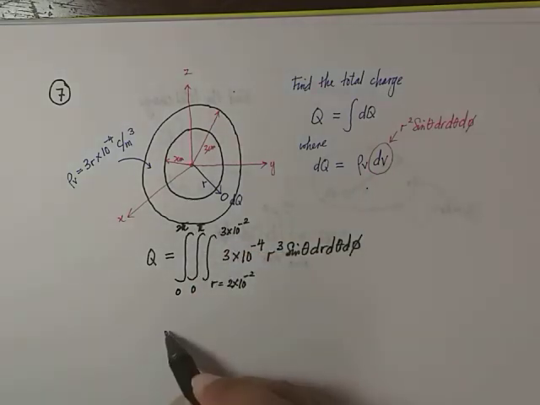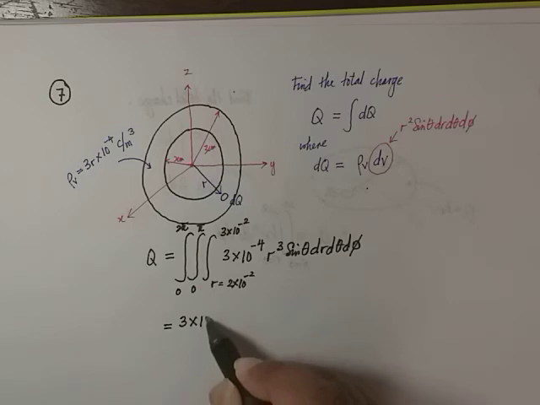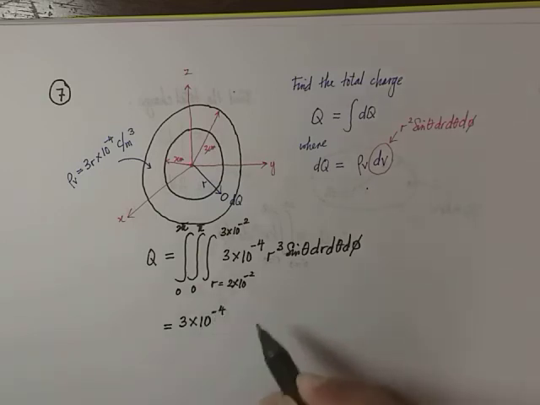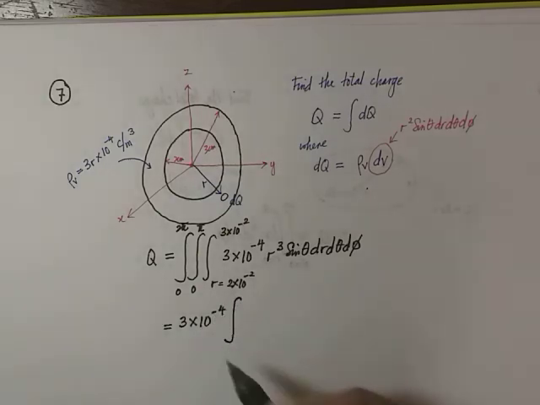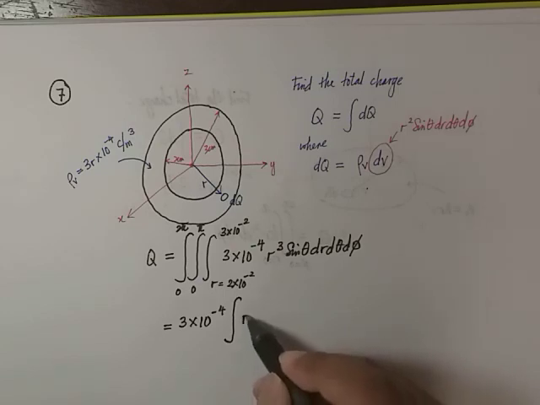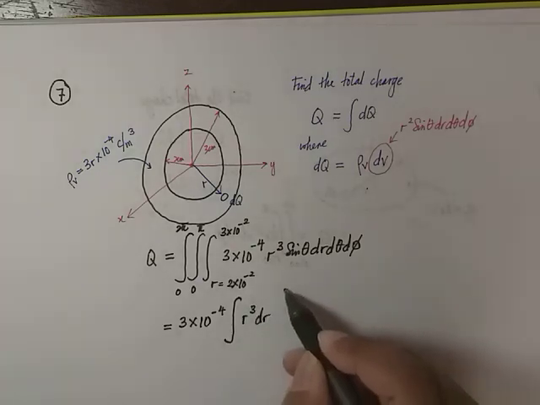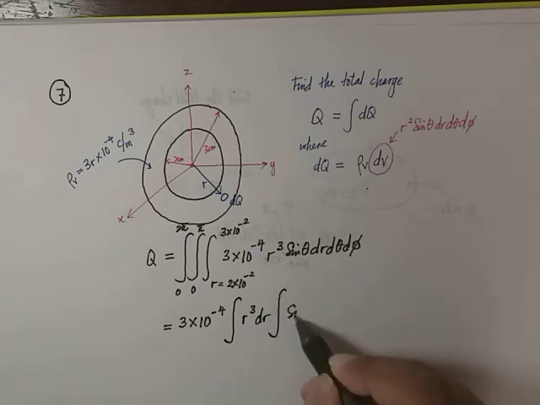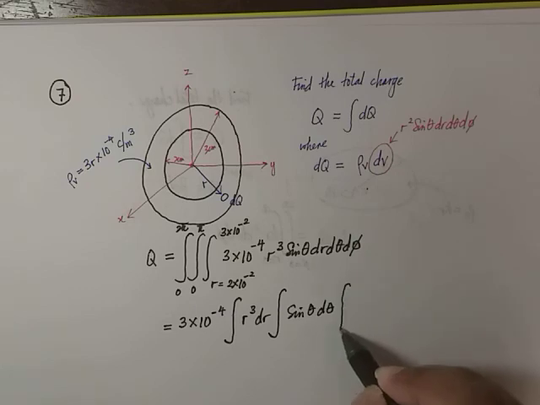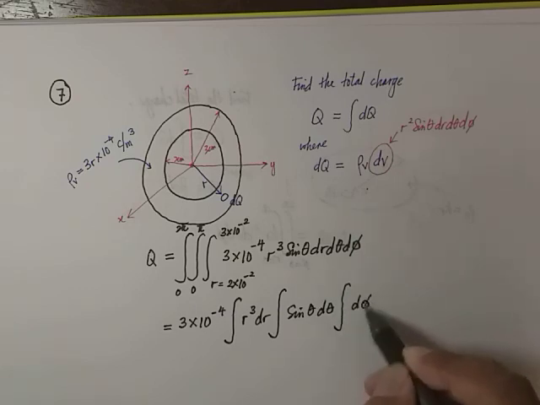You can make it easier by taking out the constant. I'm going to first integrate the term of r cubed dr, then integrate sine theta d theta, and finally integrate d phi.